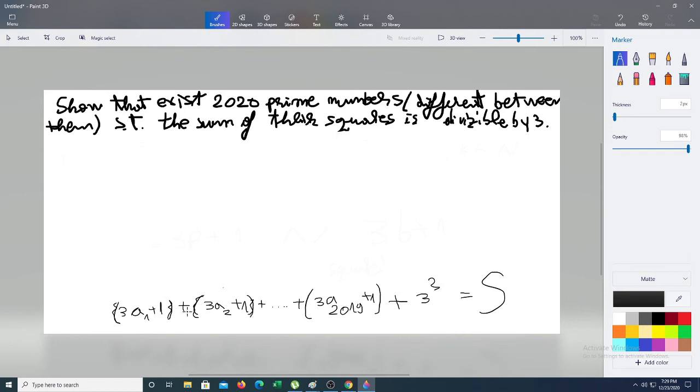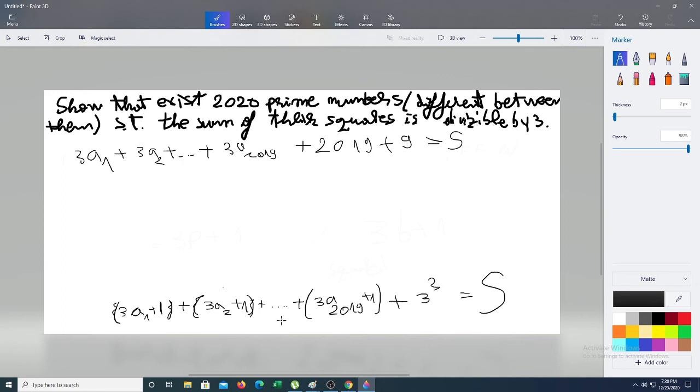Remove these brackets because we don't need them, and write like 3a1 plus 3a2 plus dot dot dot plus 3a2019 plus what we have: 1 plus 1 plus 1, 2019 times, is equal to 2019 plus 3 squared, 9, is equal to s.